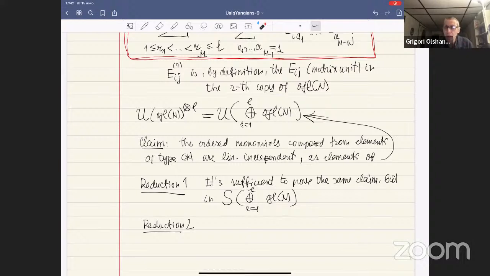So this is again a direct sum of L copies of matrix spaces. So we can reduce to the same: we claim the same holds in the algebra of polynomials.